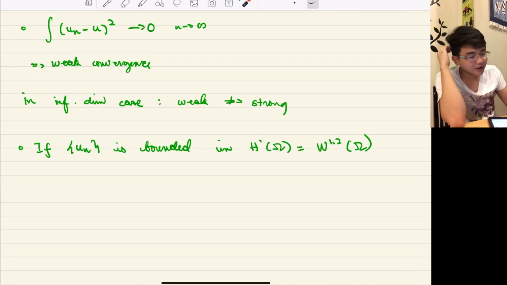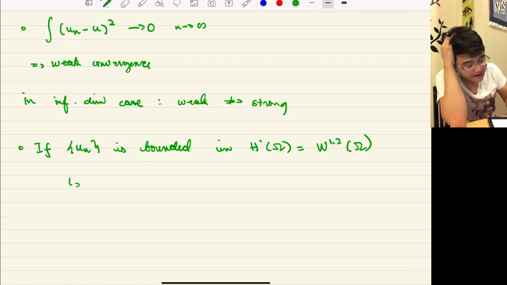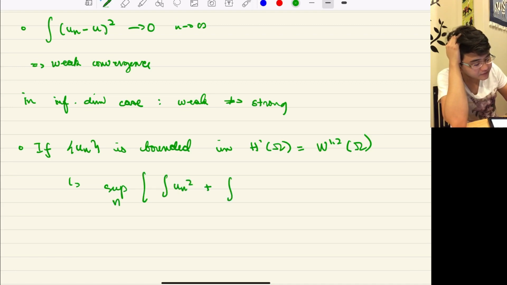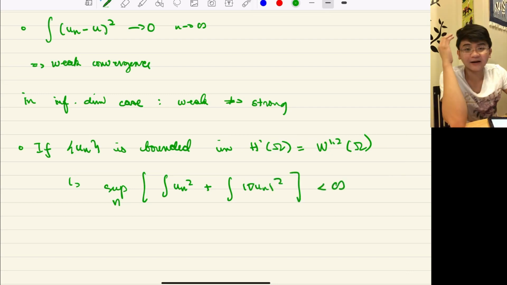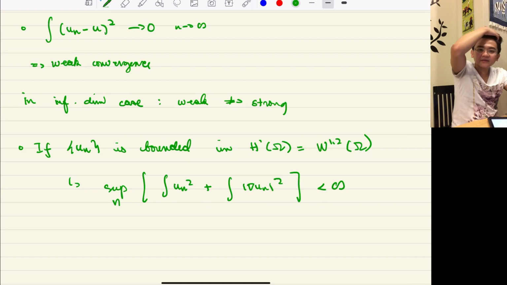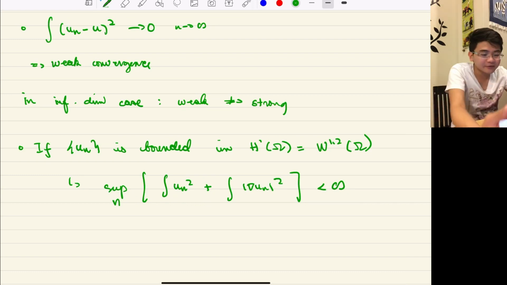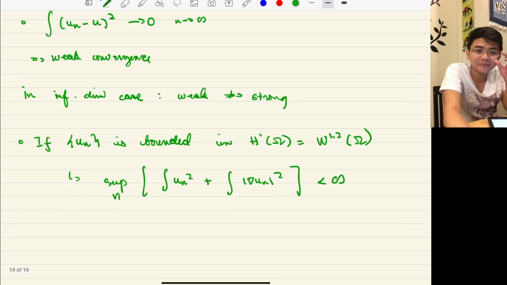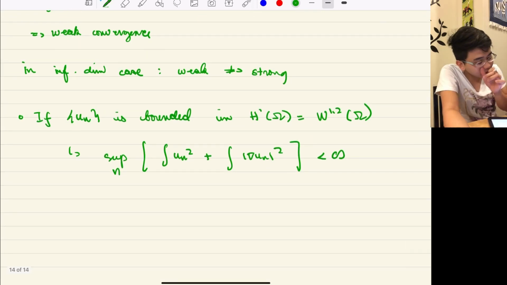So them being bounded means that the sup over n of the integral of u_n squared plus the integral of grad u_n squared is finite. This is something stronger than the previous one, just boundedness in L2.